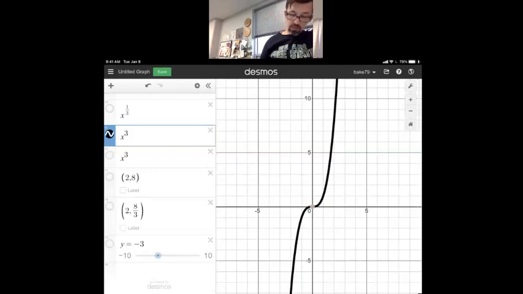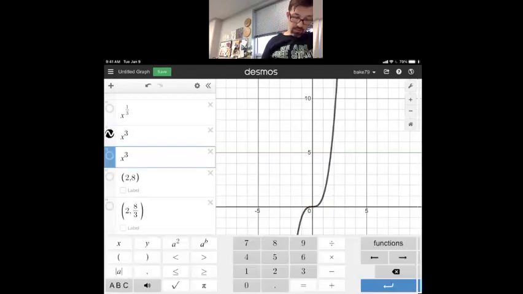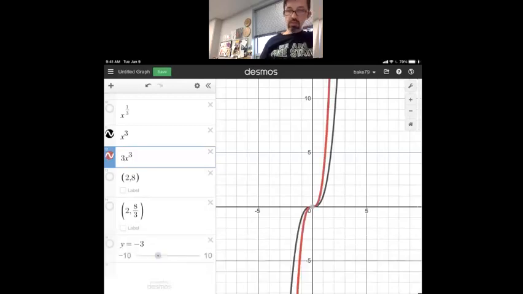Okay. And what does 3 times x cubed look like? So again, what I describe that as is narrower. Notice that the red part is closer to the y-axis than the black part there. Okay. On both the top and the bottom, it's pushed in towards the y-axis. So I call that narrow.